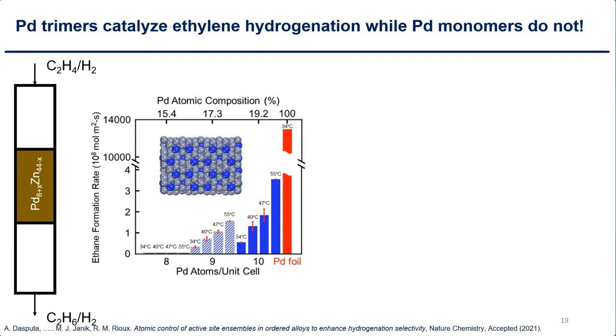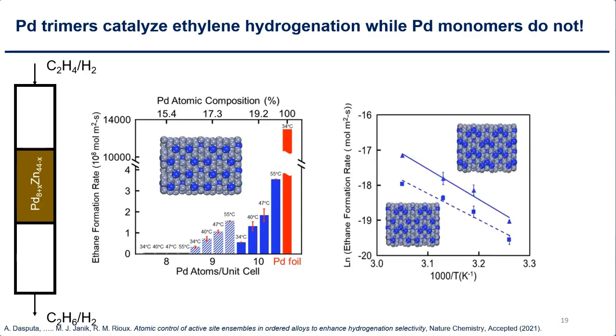As you begin to add additional palladium, so palladium-9 and palladium-10, you can see from the blue data that the rate begins to increase and becomes a measurable quantity. Whereas if we look at the palladium foil, it's very active, many orders of magnitude more active than any one of the intermetallics.